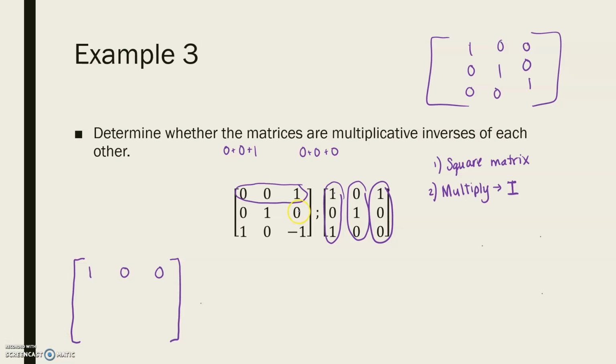Now, moving on to the second row, I'm going to have this row times this column, and I get 0, 0, and 0. When I look at it with the second column, I get 0, 1, 0. And then with the last one, I get 0, 0, 0.